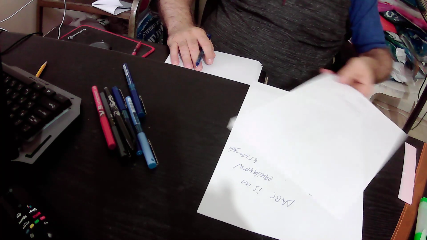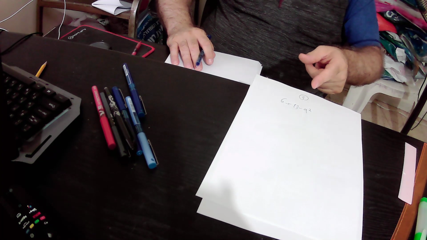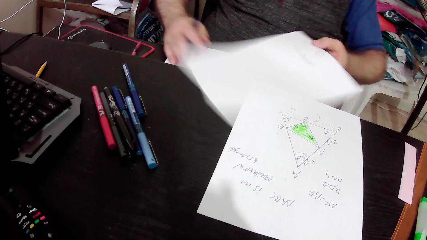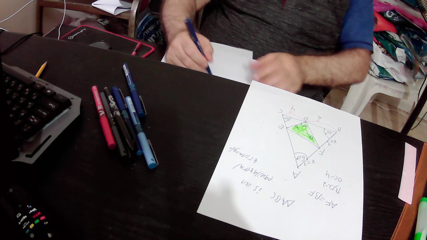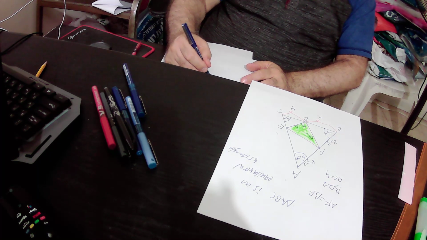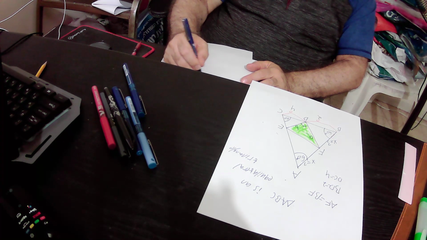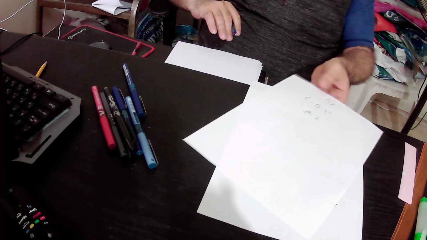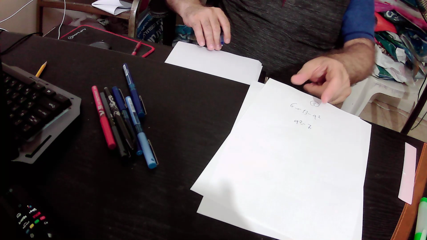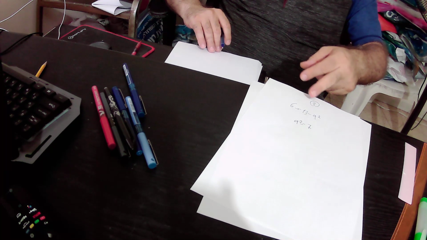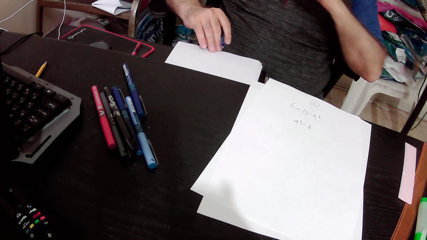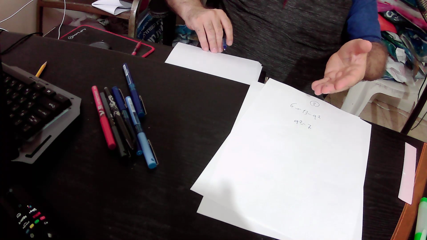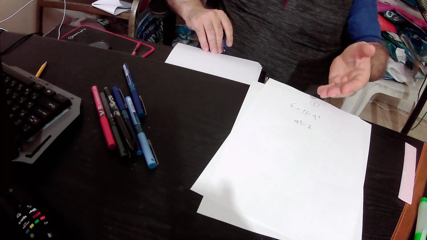Now we will add A square to this equality and we will subtract 6. We will get that A square equals 7. Okay, we added A square to this equality and we subtracted 6. We got that A square equals 7. We will take a root out of this equality.